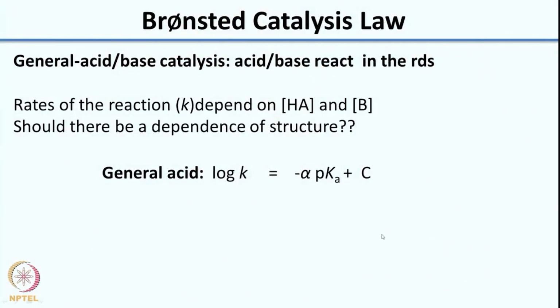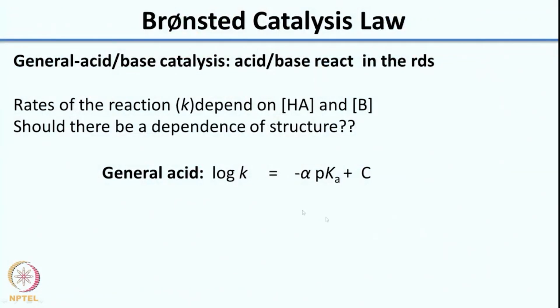So, the question to you is, do you think that the kinetics of the reaction will depend on the strength of the acid or base? And the answer is yes, it will. This dependence is given by what is called the Bronsted catalysis law.